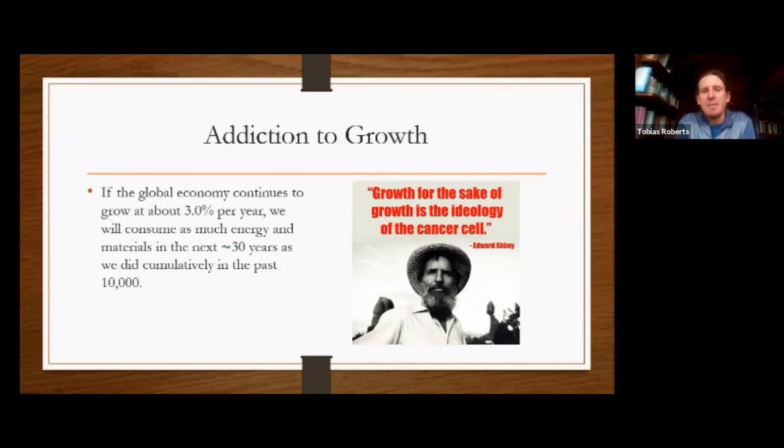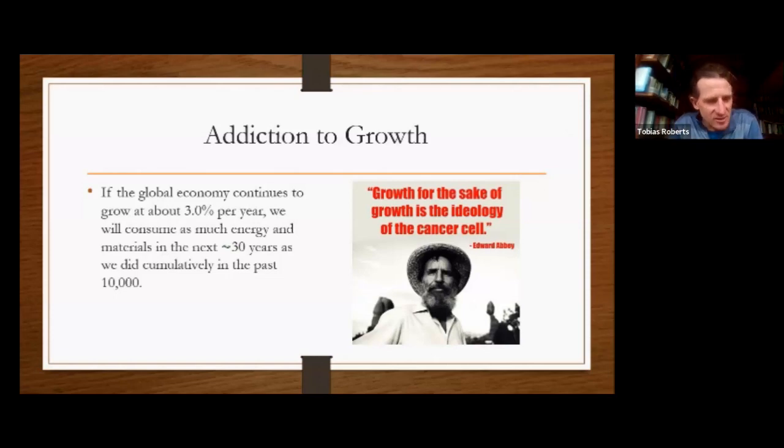But it's basic math. If we grow 3% each year, that does not mean that in 33 years we'll have grown 99%. No, because each year it's a compound growth. So 3%, and then the next year another 3%, but on top of that.